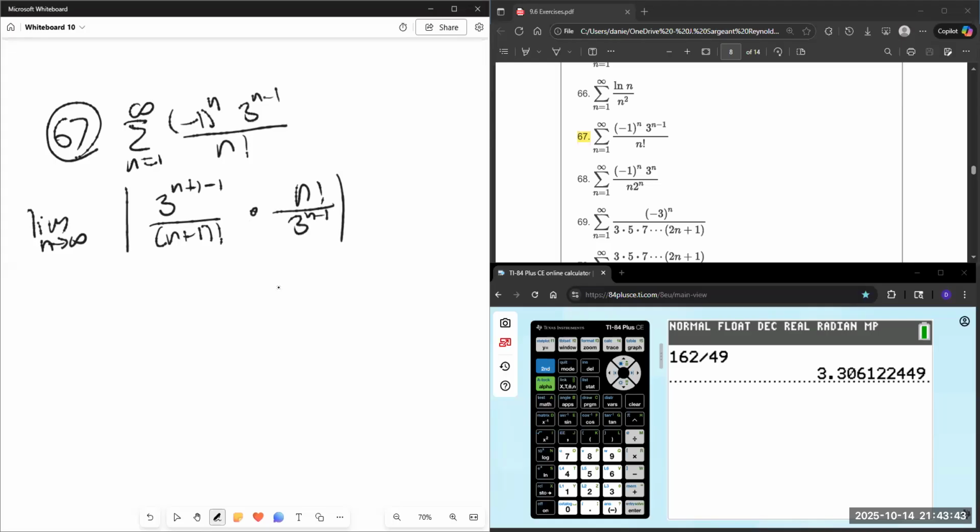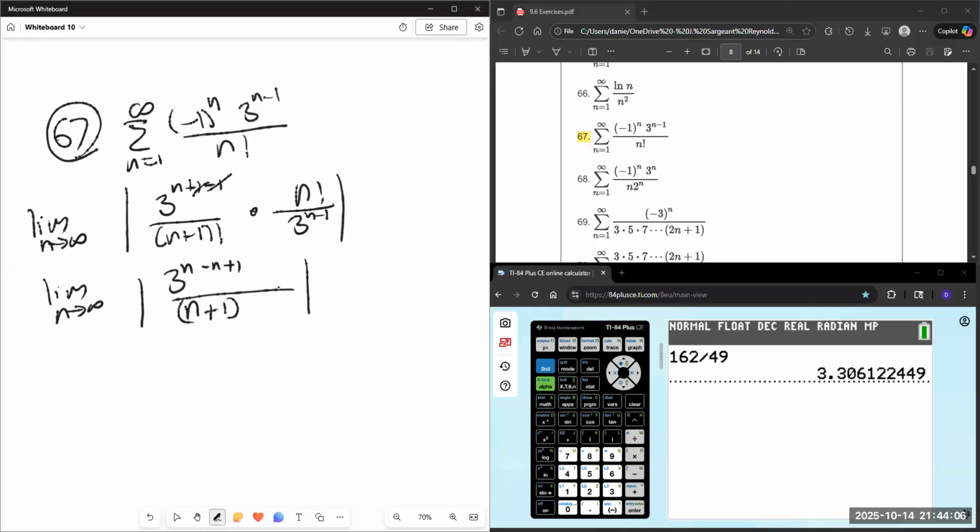And so this is limit as n goes to infinity of 3 to the (n minus n plus 1), when I bring this up and subtract, over (n plus 1) times n factorial, and the n factorials cancel.